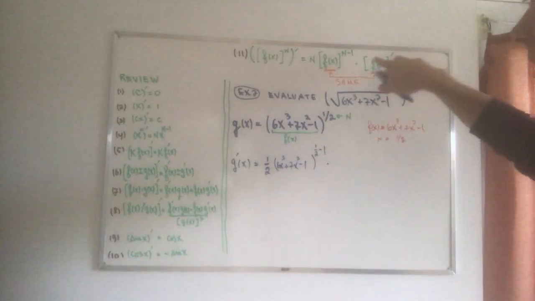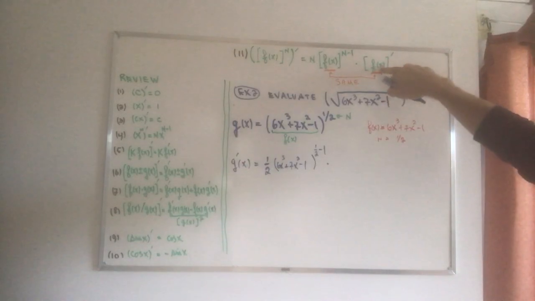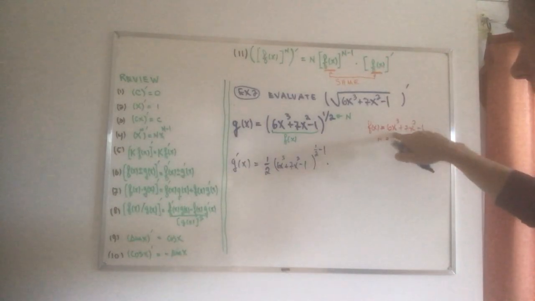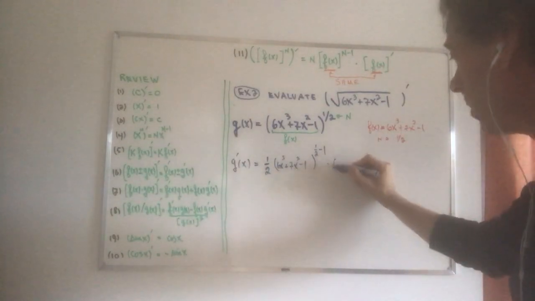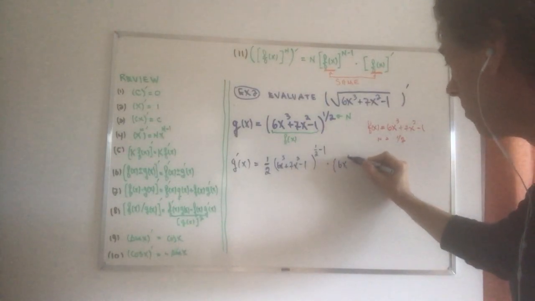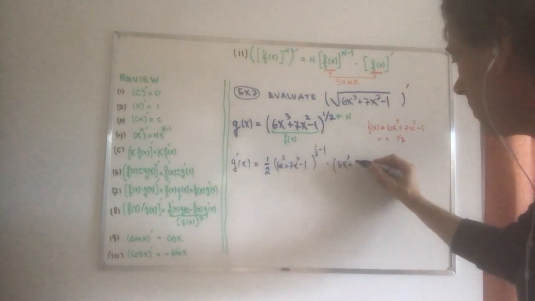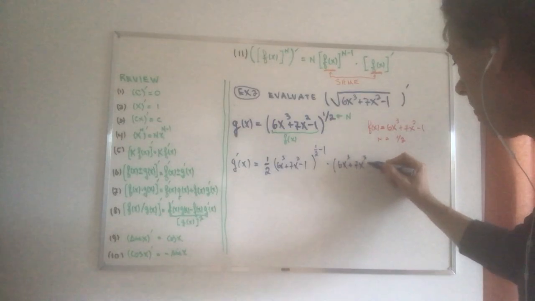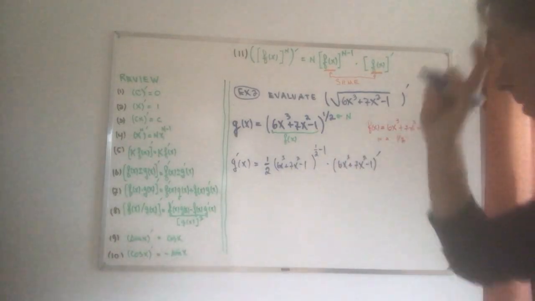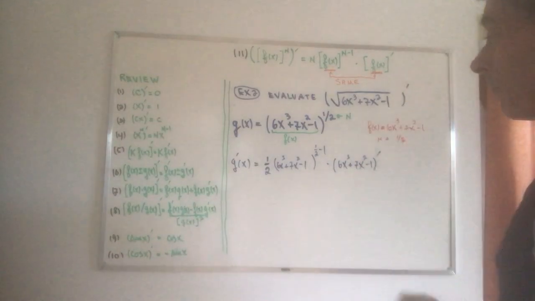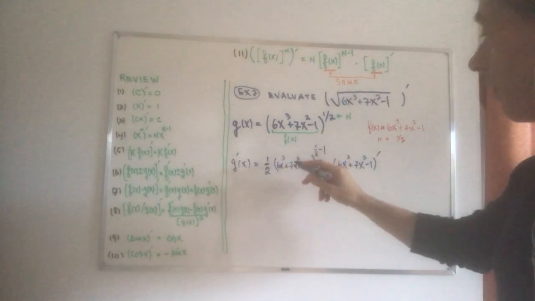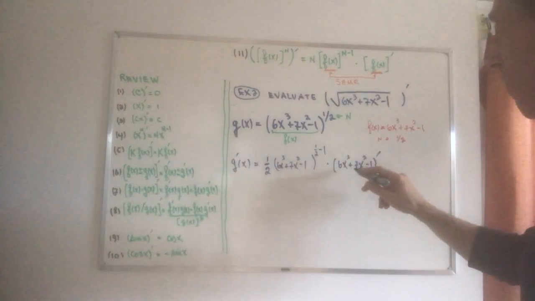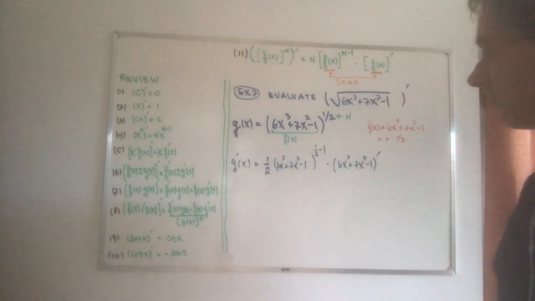Times, to finish the sentence, I need to multiply this by f prime. Again, f is what's inside the bracket. So I just recopy the bracket, and instead of putting an exponent, I put a prime. Here we go: 1/2, function to the 1/2 minus 1, function prime.